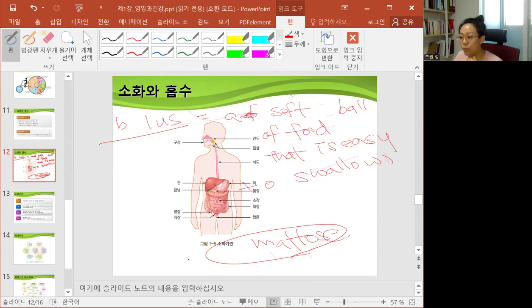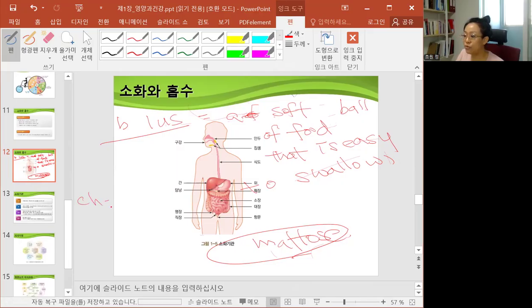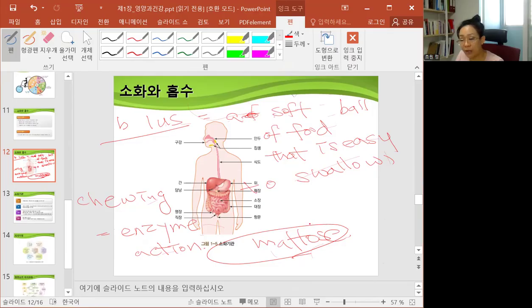Thus, in the mouth, both mechanical digestion, chewing, and chemical digestion, enzyme action, occur together. This prepares food for the next stage, swallowing and movement into the pharynx.